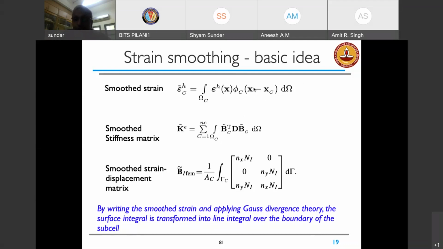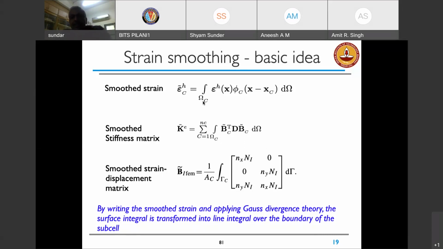The line integral on the boundary will just have the displacement multiplied by the normal, right? So if the weighting function is a constant, the domain integral vanishes. So essentially what happens is that the domain integral is now transformed to a boundary integral. Not only that, you don't need the derivative of the shape function. That's a major plus point, right?